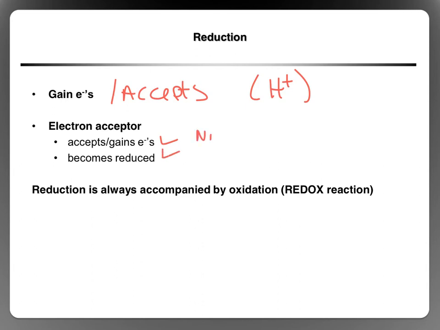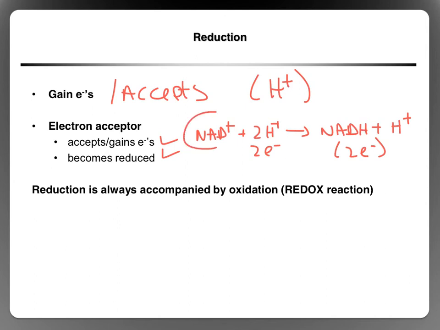When NAD picks up 2 hydrogens, 2 electrons, it becomes NADH plus H plus. We don't write the electrons, but know that they're there. So NAD accepted electrons and became reduced, and this is half of a redox reaction.